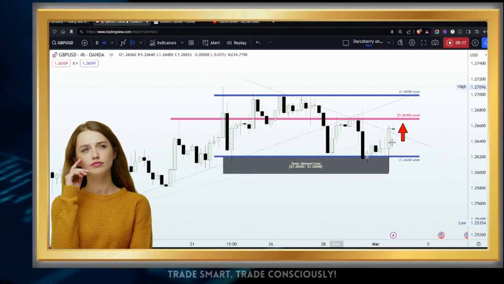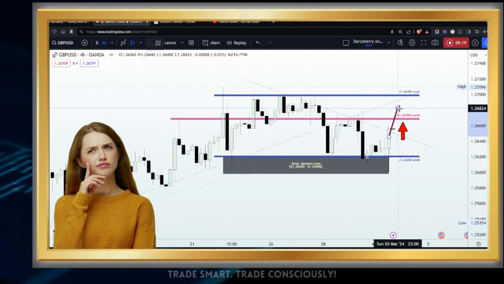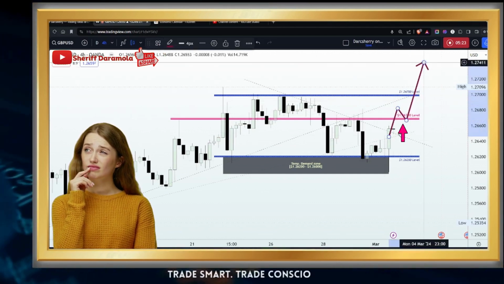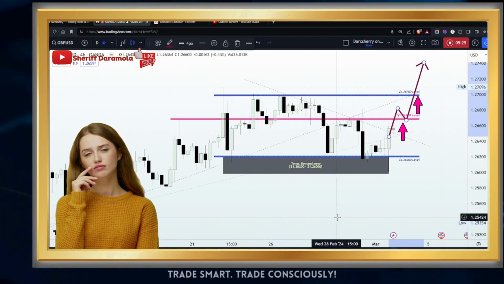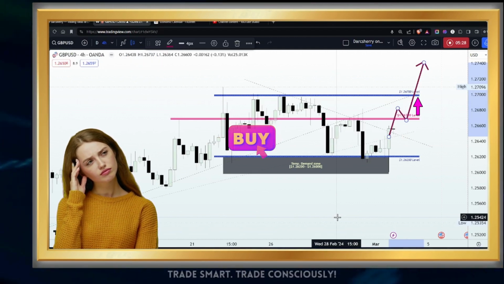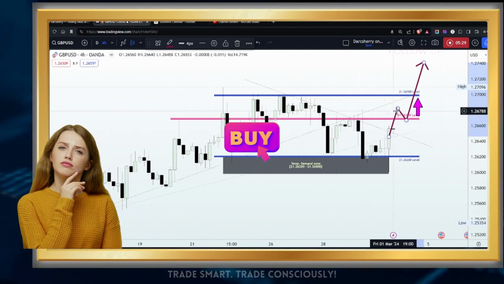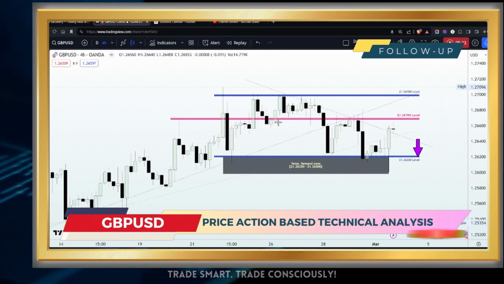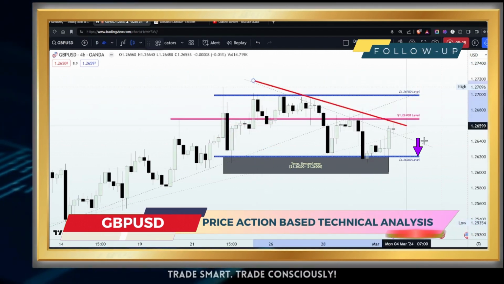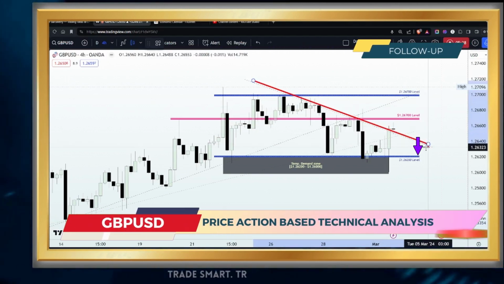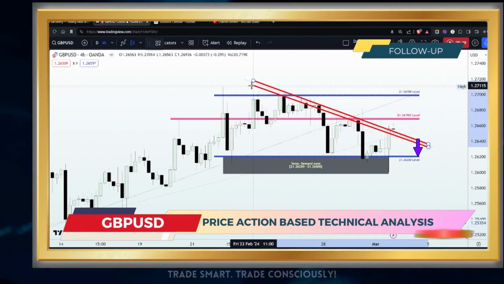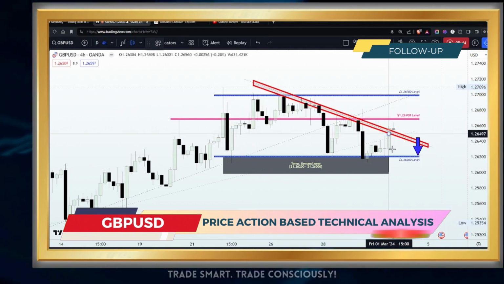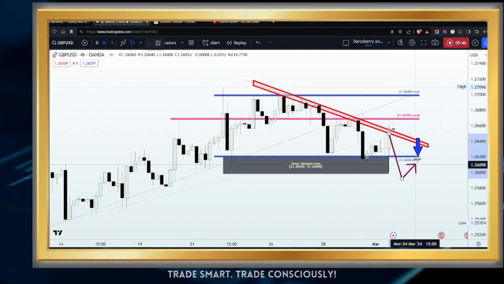So I will be looking forward to price breaking out of the key level to give me my first buy position for the week, and a further breakout of the 1.267 will welcome more opportunities to maximize the potential of this bullish move. However, if price action continues to trade below this descending trend line, we will be looking out for selling opportunities, but I will prefer that price breaks down the demand zone here to welcome that selling idea.